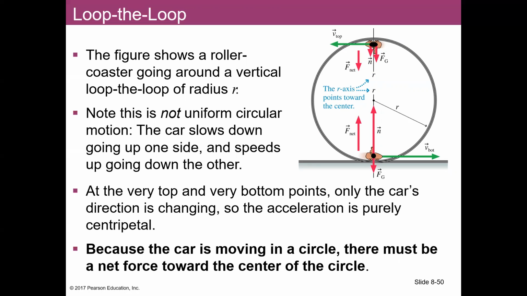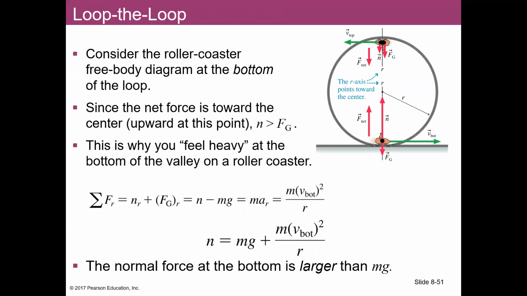And so the force analysis of this can be pretty tricky, so it's worth discussing how these forces add together. You've got to be careful with the minus signs in particular. And so this next slide goes into what's going on at the bottom. It's the roller coaster free body diagram at the bottom. So if we look here, what are the two forces?